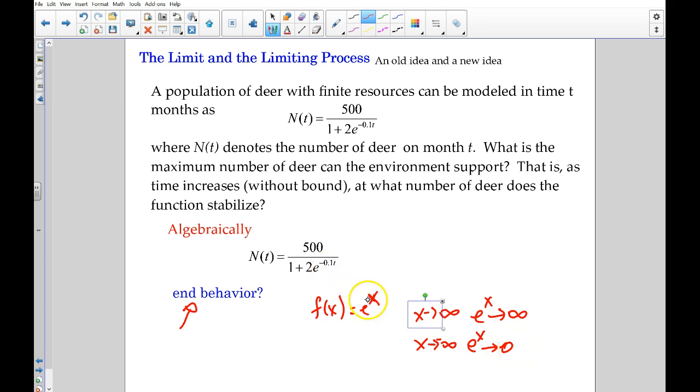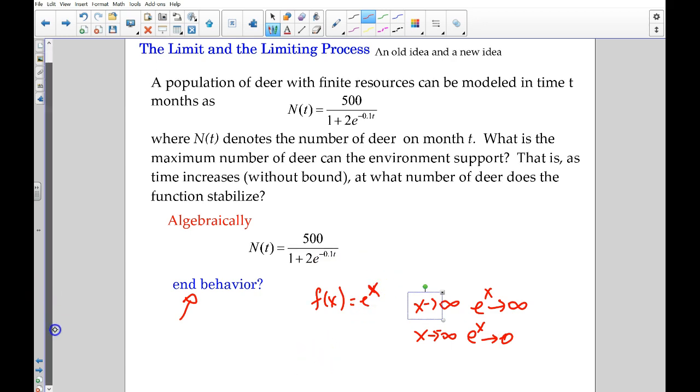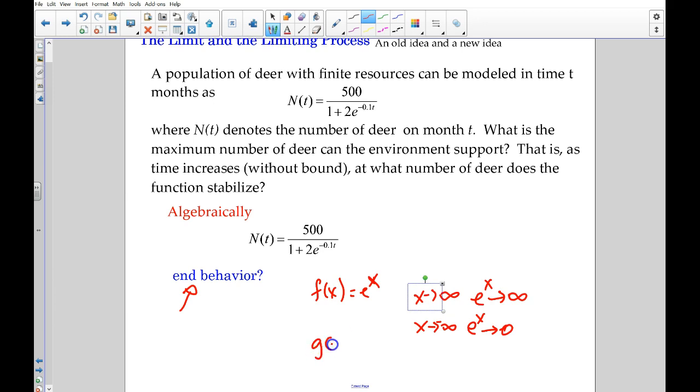If I take the opposite, another function, say g of x, equal to e to the minus x, and x goes to infinity, so x gets arbitrarily large, then e to the minus x, which is equal to 1 over e to the x, goes to 0.